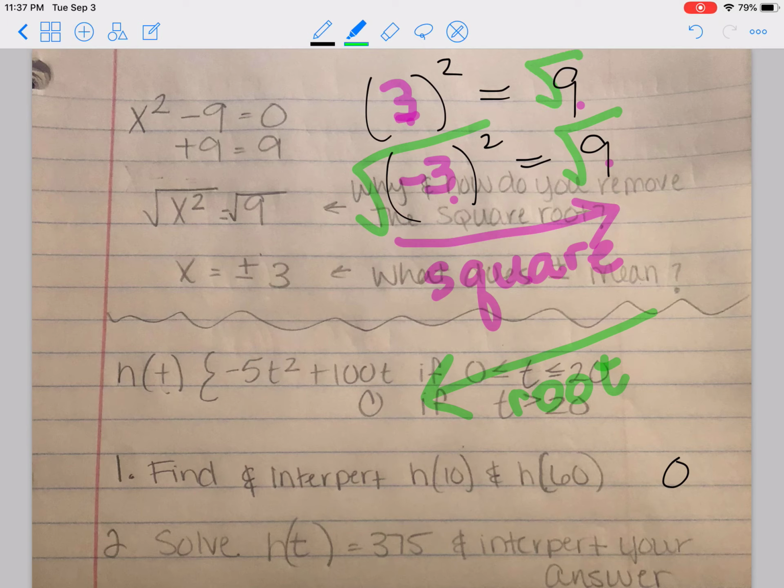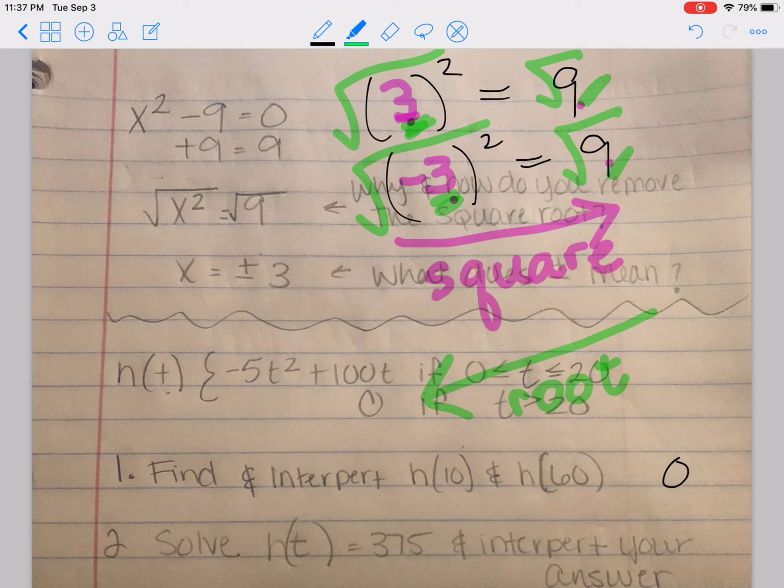So I'm taking square roots of both things. It's the same number 9 in here. What happens when I take the square root of 9? Well, I'm going to get two answers. I'm going to get the things inside, and you can see the things inside are both positive 3 and -3.